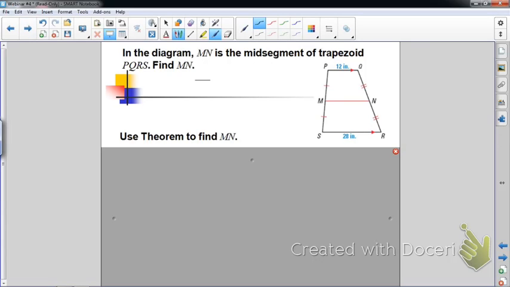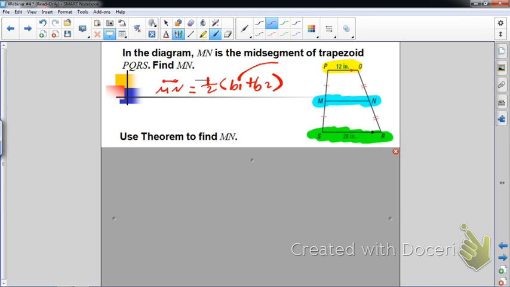So here's a good example. Look at what I give you. I give you base 1, I give you base 2, and what I want to know is MN. How do I figure that out? Well, the formula says that line segment MN is equal to 1/2 times the addition of base 1 plus base 2.